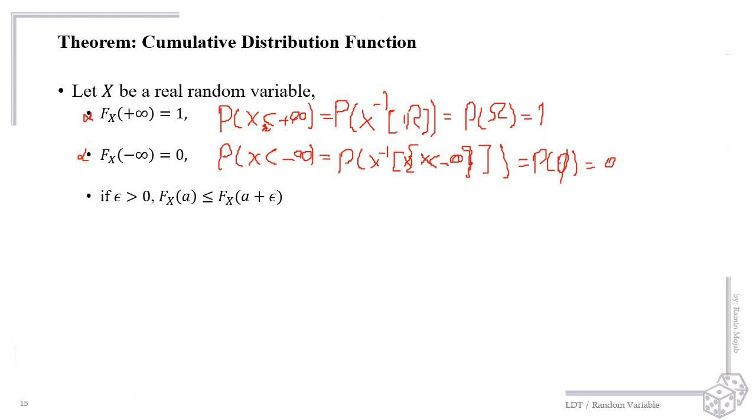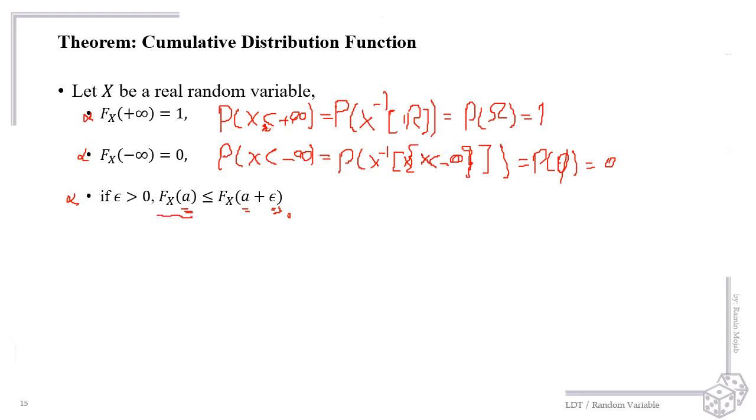And here we say that the CDF is a non-decreasing function. Why? Because the CDF at a is equal to or less than the CDF at a plus a positive number, which means that the CDF is a non-decreasing function.